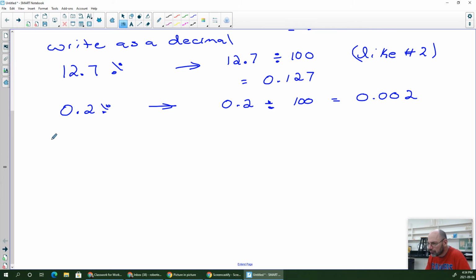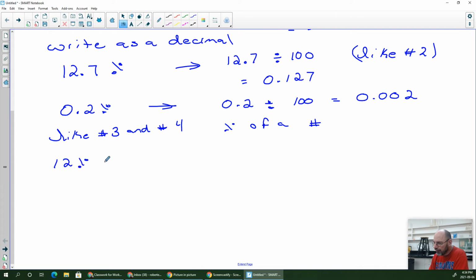So like number 3 and 4, if they say calculating some percent of a number. So this is percent of a number. Okay, how do you do this? Well, this is pretty easy using your calculator again. So let's say they had like 12% of 800.